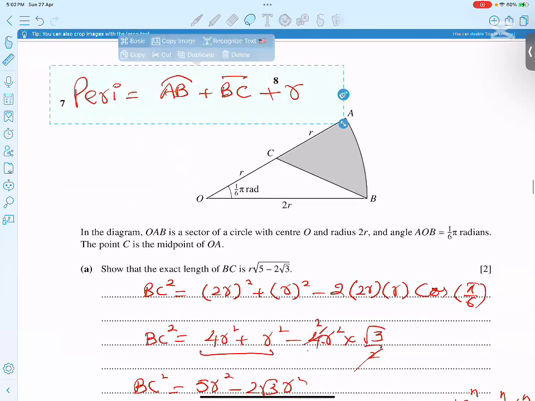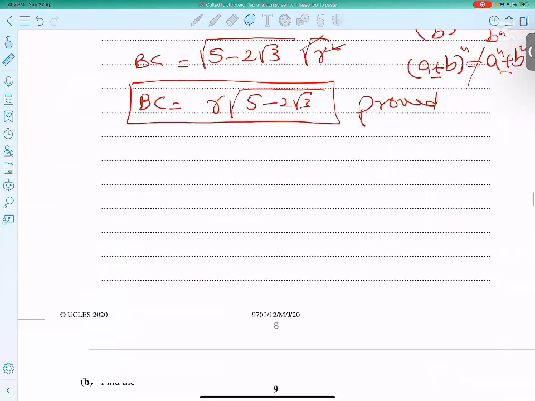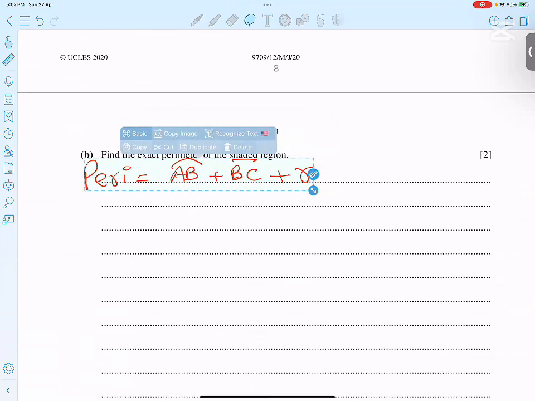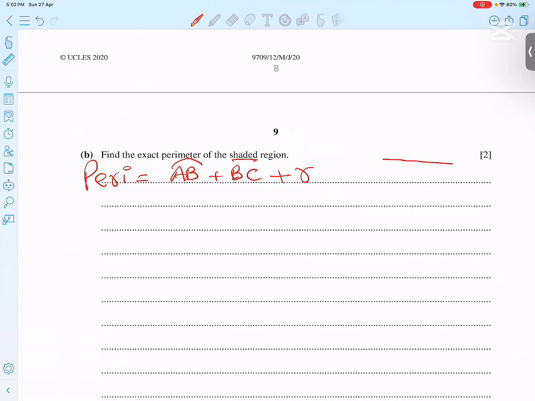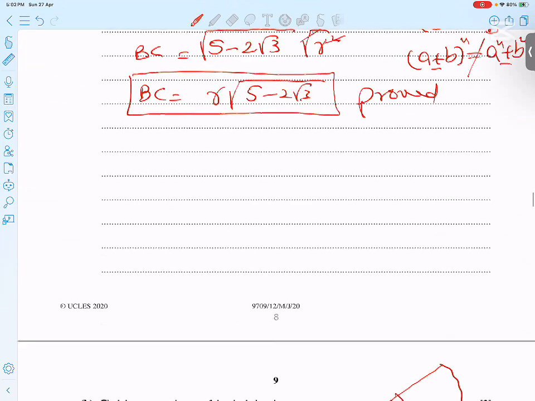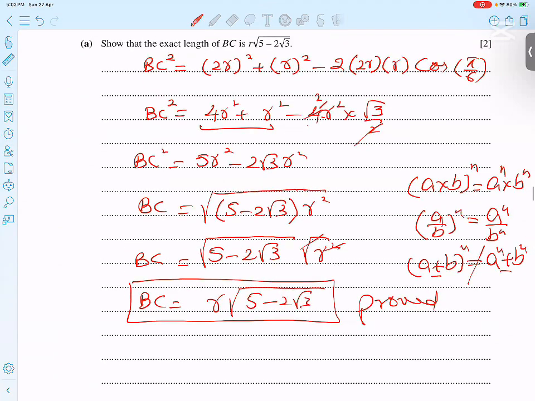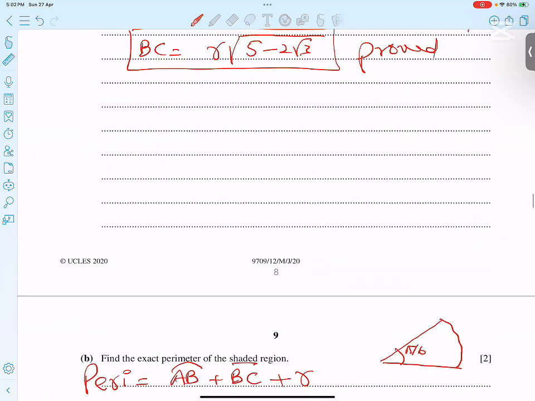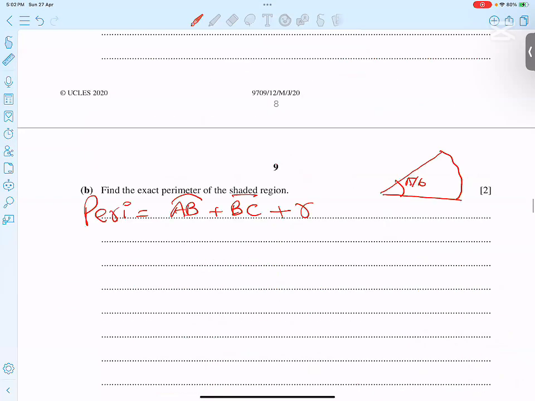So let's try to do it. I cut from here and do it here. Now, how to do it with a sector? You know the sector formulas very well. The angle is pi over 6 and the radius is 2r. For the arc length formula, all of you know S equals r theta.